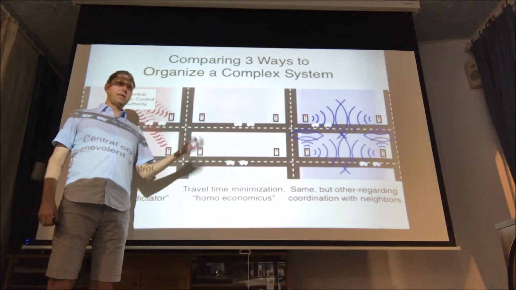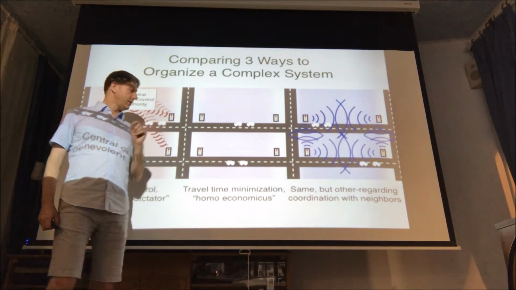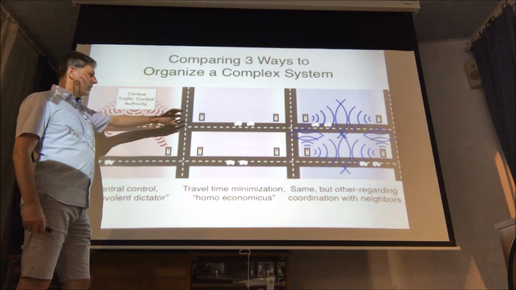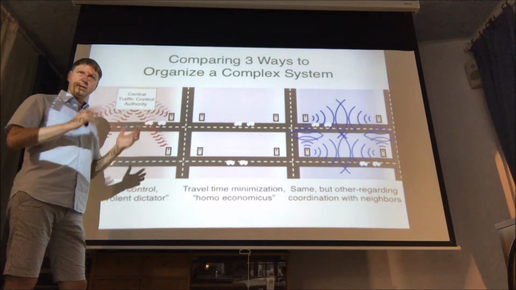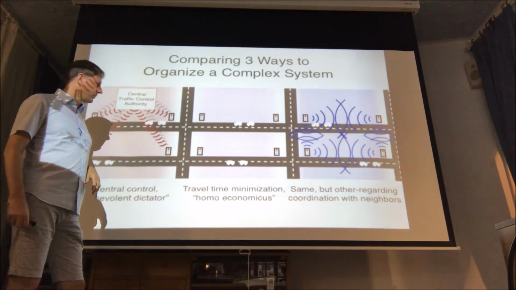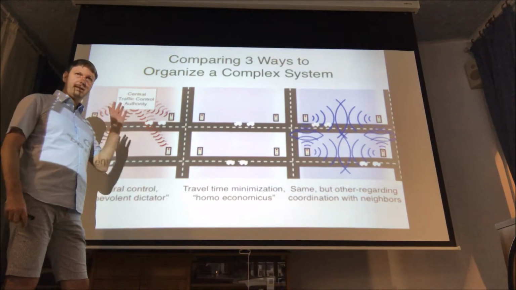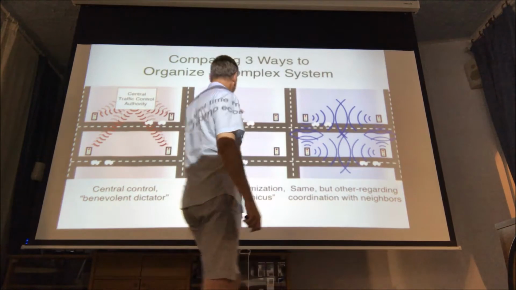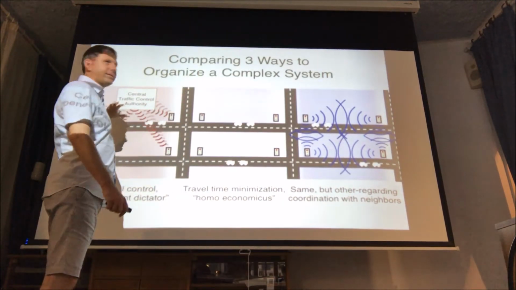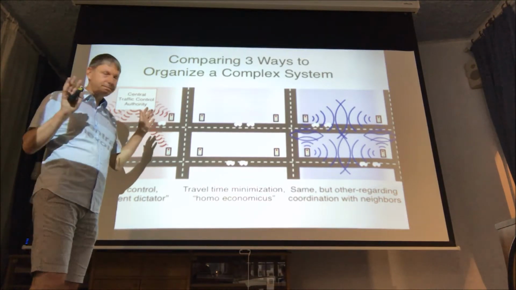I will give you a mathematical formula and it can be done exactly. And so it's like Homo economicus. Everyone tries to do the best thing locally, but no coordination with anyone else. Okay, and we would think it cannot work as well as this because there is no coordination. But who knows?